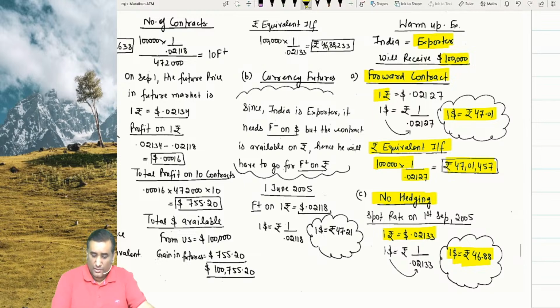46 equivalent in 46,088. Now the currency future, which was the topic, since India is an exporter it needs minus $1 originally. But the contract is available on what, hence F plus on rupee, wanted what, minus $1.